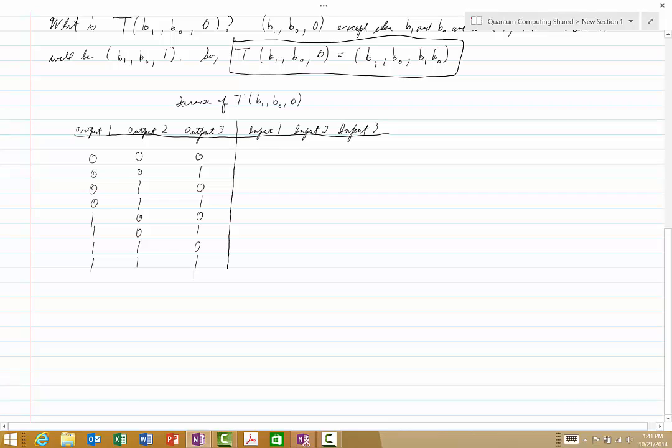Well, we know in every case that the way the Toffoli gate works, the first two outputs are equal to the first two inputs. So we can certainly say that: 0, 0, 0, 0, 0, 1, 0, 1, 1, 0, 1, 0, 1, 1, and 1, 1.